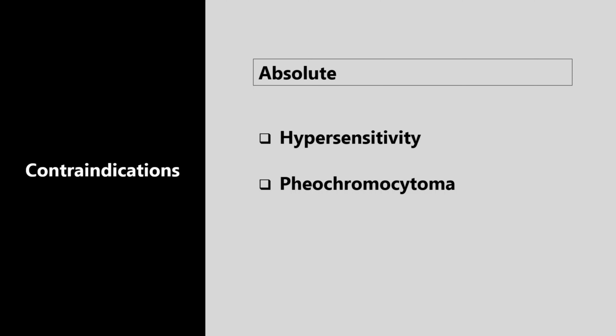It also should not be given in pheochromocytoma patients. Increased histamine due to betahistine causes hypertensive crisis in the patient of pheochromocytoma due to excessive catecholamine production. These are absolute contraindications for the use of betahistine.